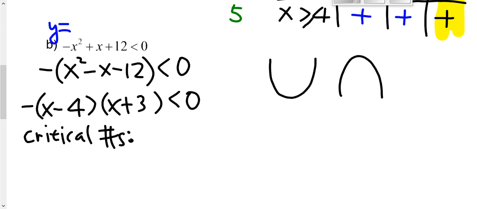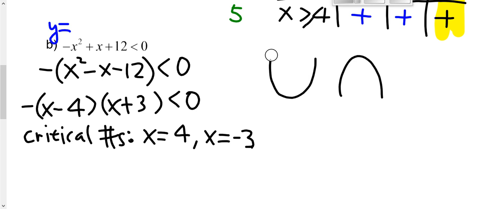Critical numbers. They are, in this case, x equals what would make this factor equal to 0: when x is 4. What about this one here? When x is -3. So we know for sure something would be happening around 4 and -3, either going from positive to negative or negative to positive.